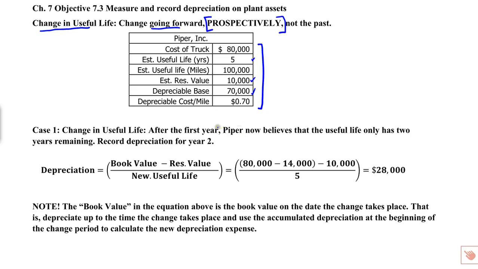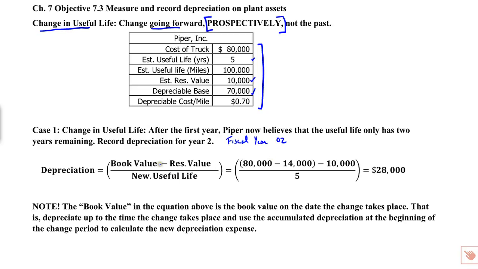After the first year of depreciation, Piper Incorporated now believes that the useful life has only 2 years remaining. So record the depreciation for fiscal year 2, not the second year of depreciation or final year. Fiscal year 02.